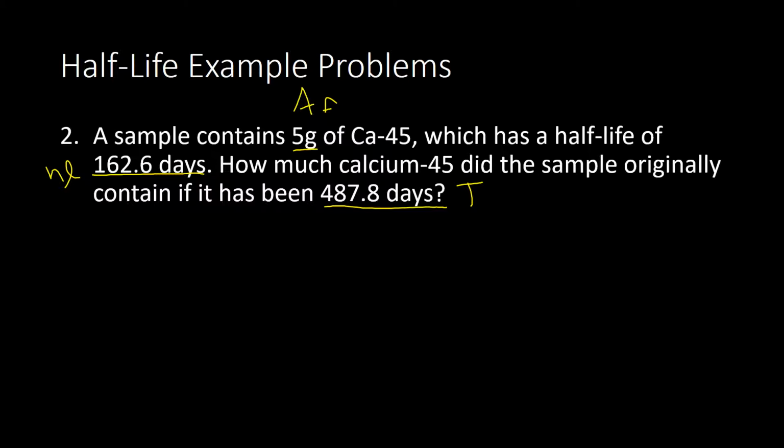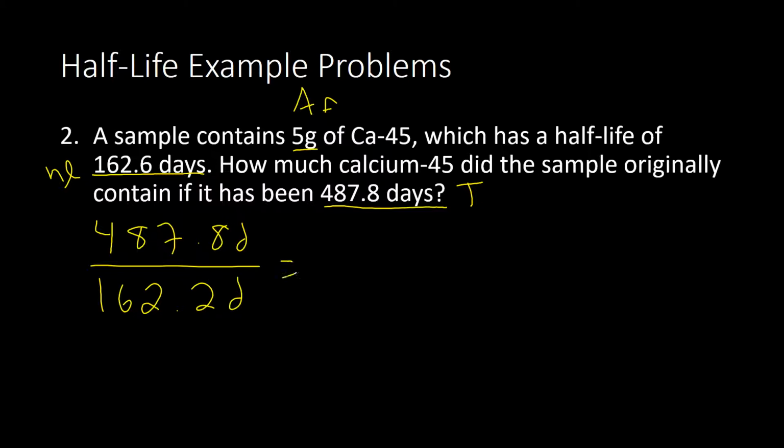So we're going to start by figuring out how many half-lives have passed by doing 487.8 days divided by 162.6 days, which gives us 3 half-lives. Now this time I know what my final amount is, so instead of dividing by 2, I'm actually going to multiply by 2.